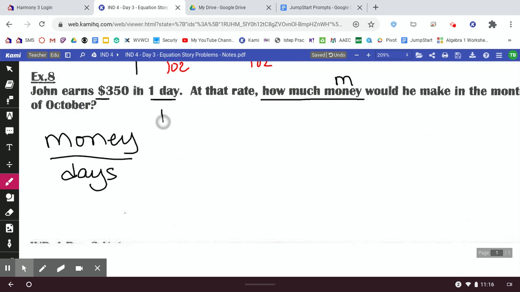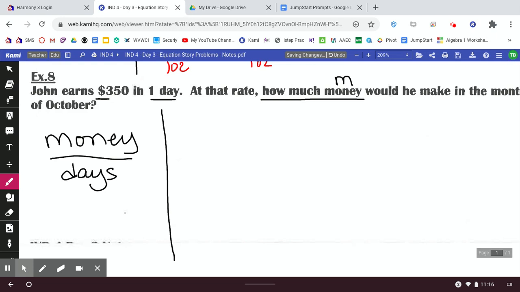So that's my base setup. Every one of your problems needs to have a base setup like this. And I think in day 4, you're going to have money changing hands in different countries. And I think one country calls it a rand. So you're going to have rand over dollars, or dollars over rands, or pesos over dollars, or whatever. Okay. So we got money over days.